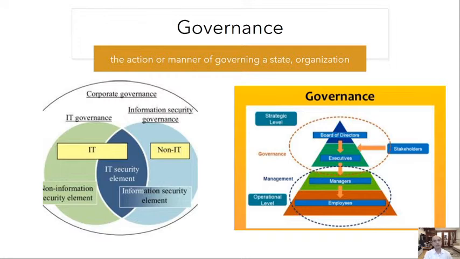It can be on pen and paper also, or in some other form. So both of them overlap with each other, and this overlapped part we call the IT security element.